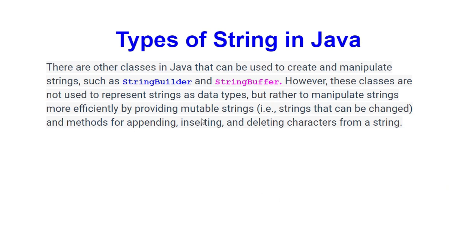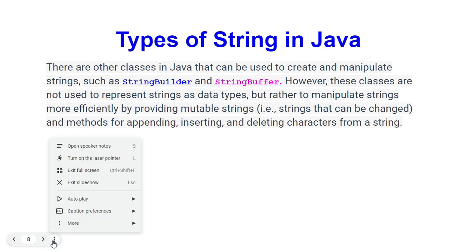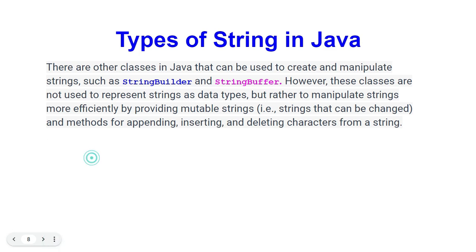There are other classes in Java that can be used to create and manipulate a string, such as StringBuffer and StringBuilder. However, these classes are not used to represent a string as a data type, but rather to manipulate a string more efficiently, for example a string that can be changed, with methods for appending, inserting, and deleting characters.